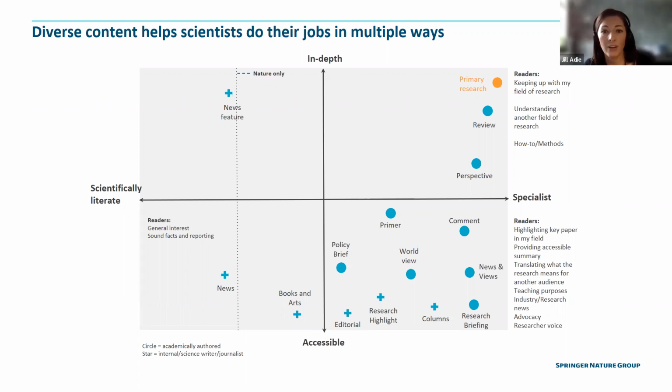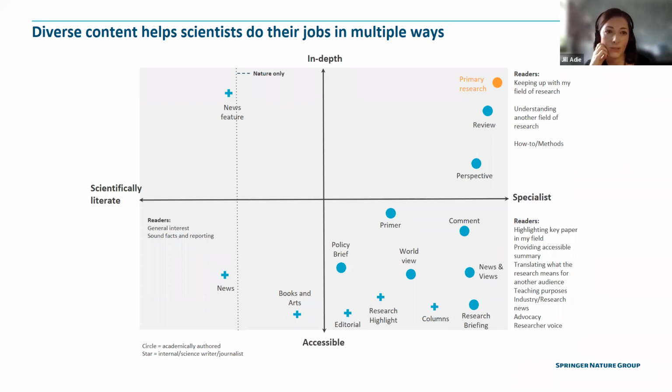Most of our front half content sits towards specialist, but if you look at the verticals, in depth is at the top and accessible at the bottom. So it's specialist and accessible. That is the main goal of the non-primary, not all of it, but some of the ones that I've listed here.